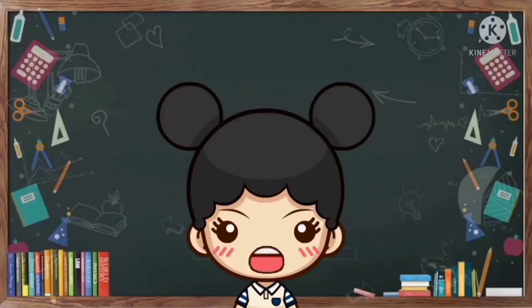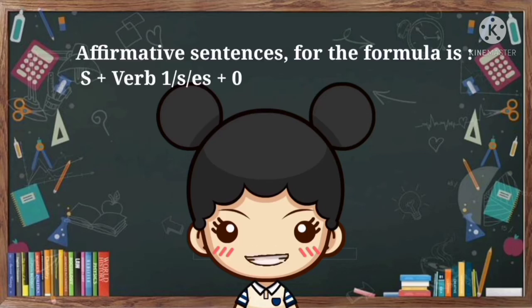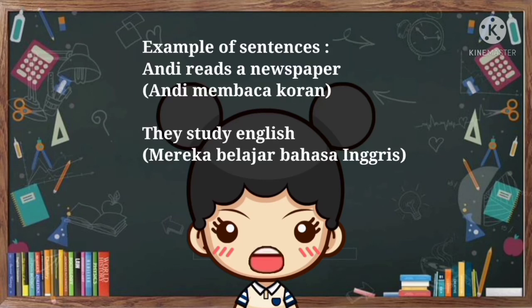Then the second type of sentence, namely verbal sentence. We start from the affirmative sentence. The formula is subject plus verb 1 plus s or es plus object. Example of sentence: Andy reads a newspaper, they study English.